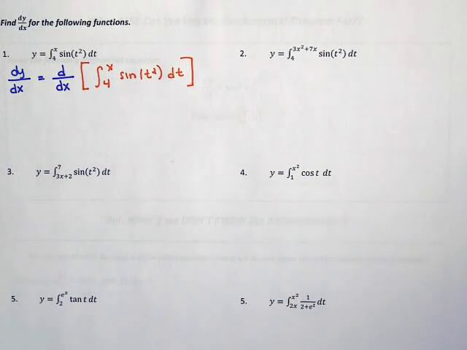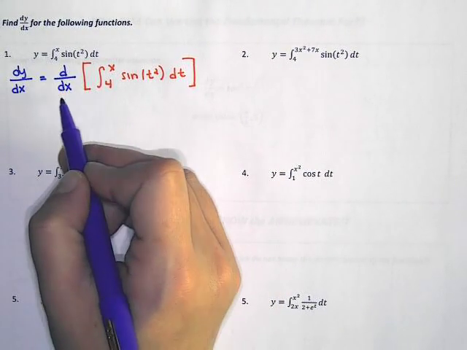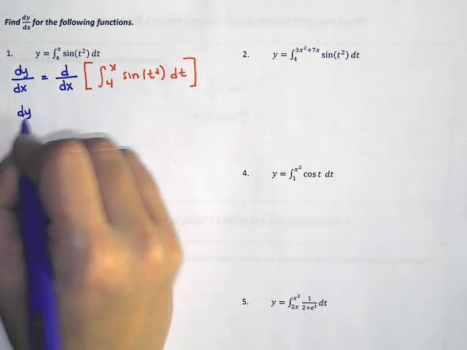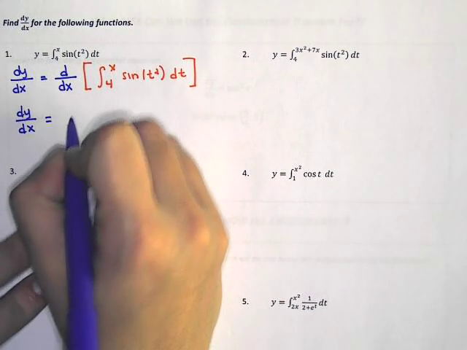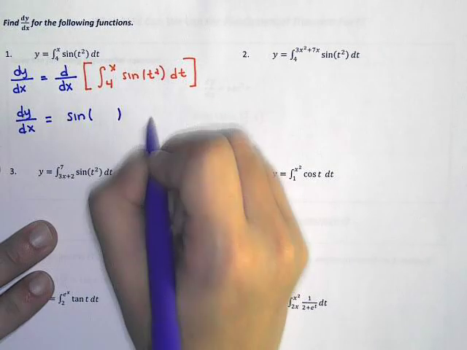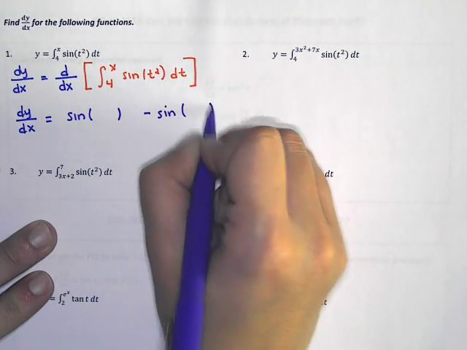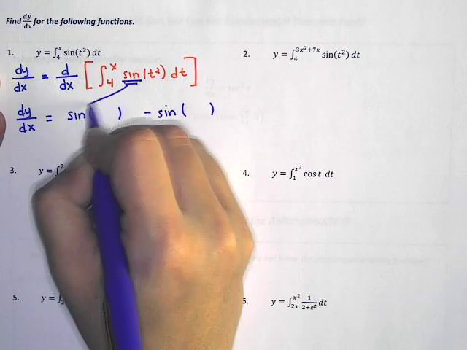And to take the derivative of that function, instead of trying to do the antiderivative and then redoing the derivative, I know now that I can skip straight to the answer. The answer is going to be my same original outside function with something new plugged in, minus my same original function with something new plugged in. So I'm keeping the sign the same here and here.